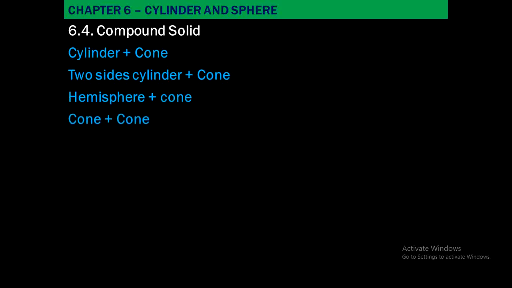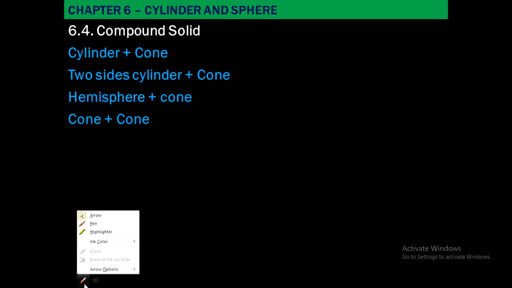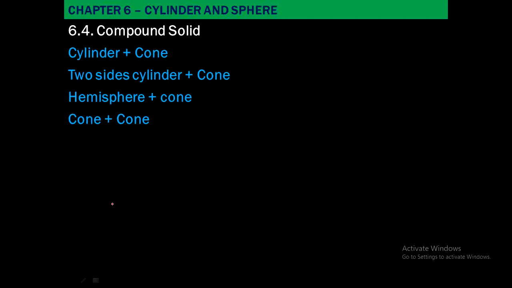Now cone plus cone. This is cone. This is another cone. This is radius. This is real height. And this is also real height.